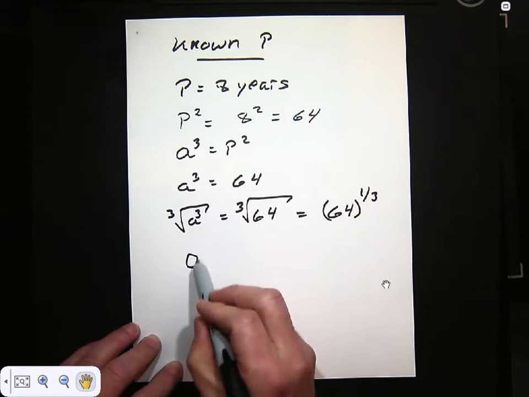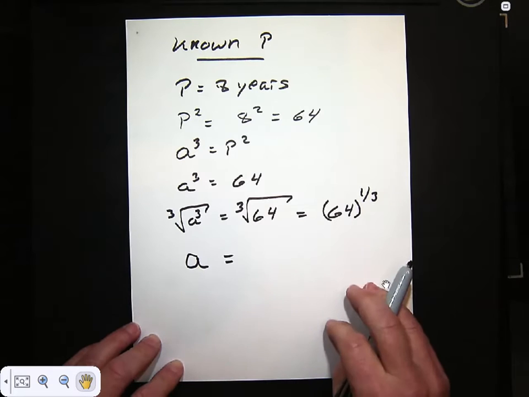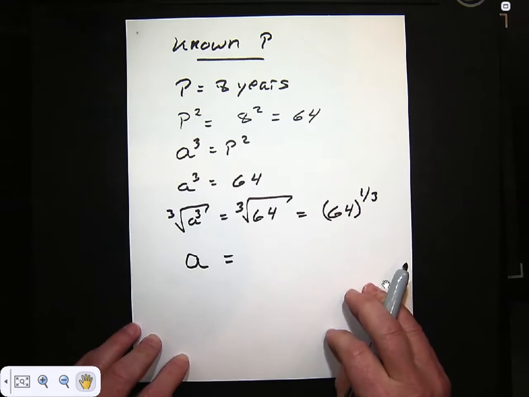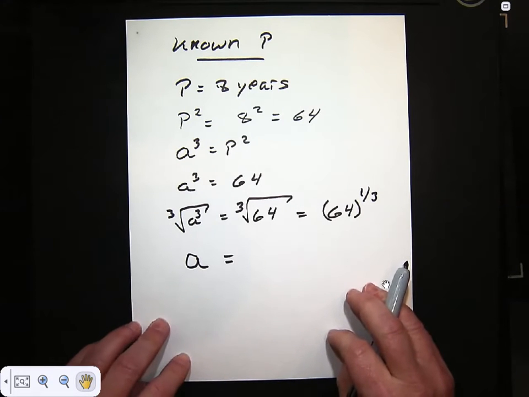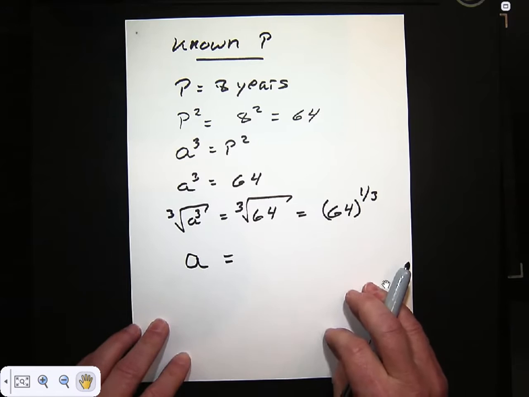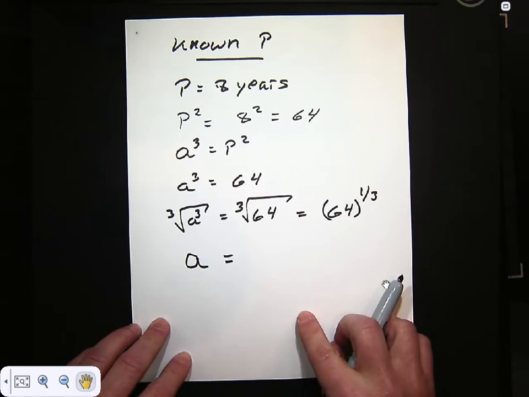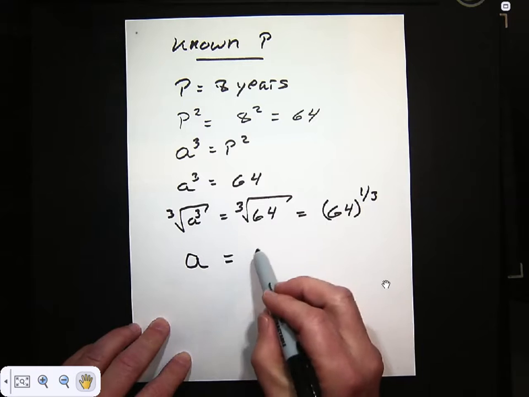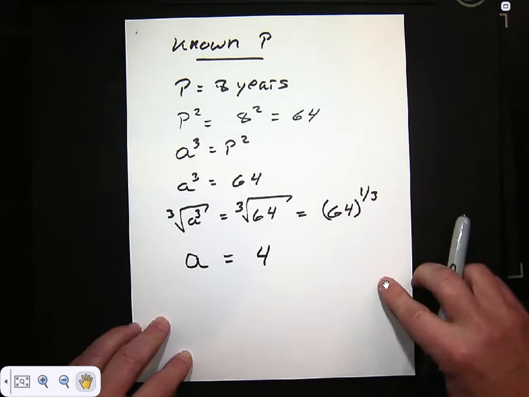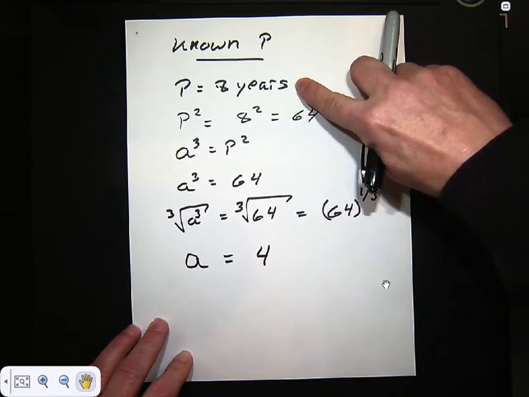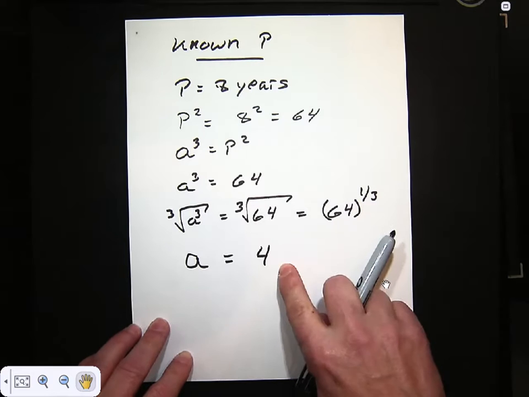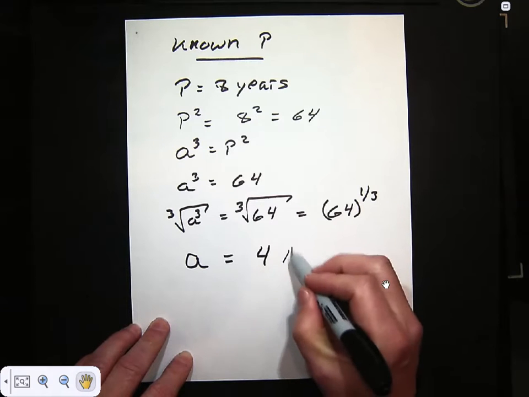So this is A. Now the cube root of 64 we can do without a calculator. It turns out that's 4, because 4 times 4 times 4 is 64: 4 times 4 is 16, and 4 sixteens make 64. So the answer here is 4. Since the period was provided in years, the answer for the semi-major axis is 4 astronomical units.